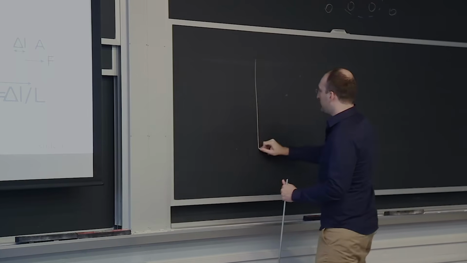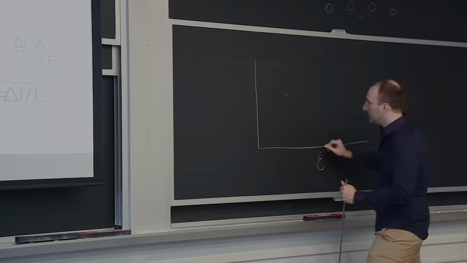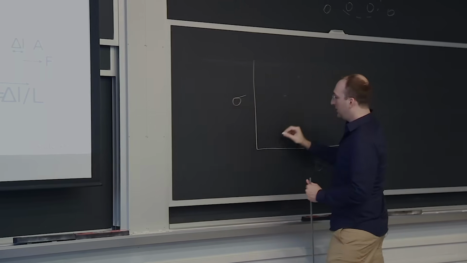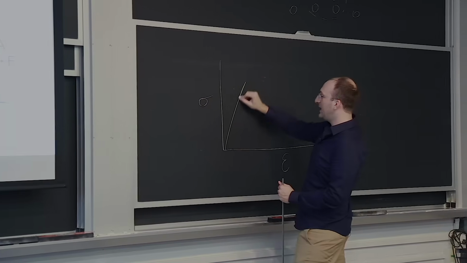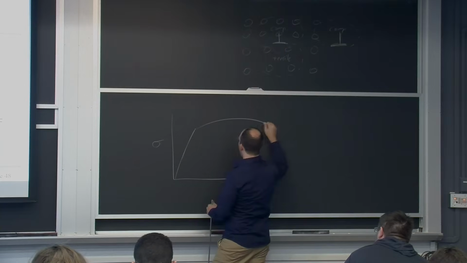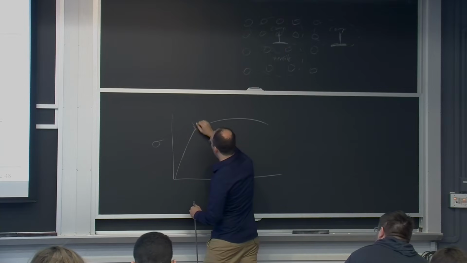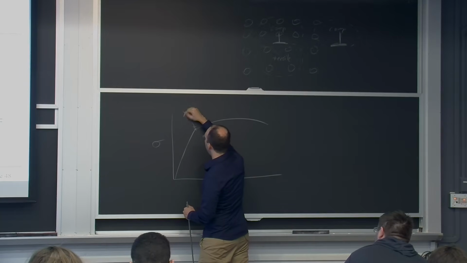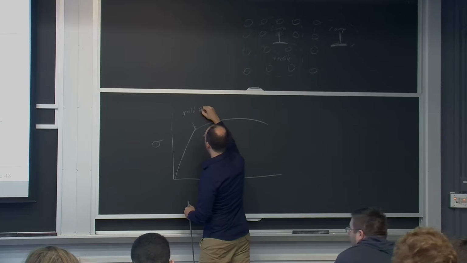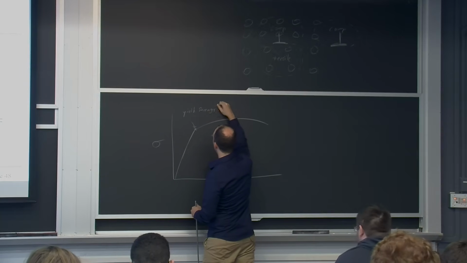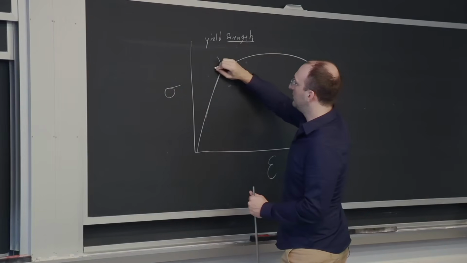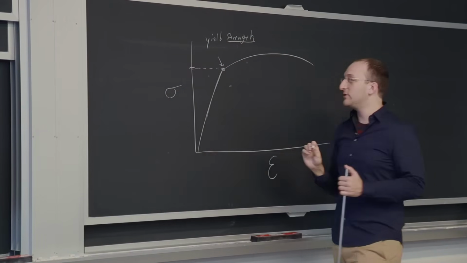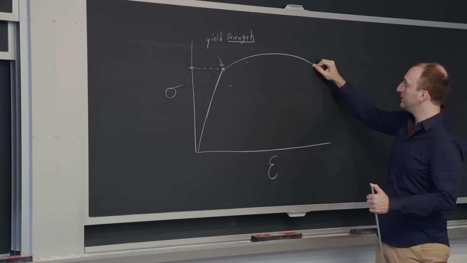So if we have a stress-strain curve like so, and it follows the elastic region and then deforms plastically, this point here is what we call the yield strength, whatever that point on the stress axis is.